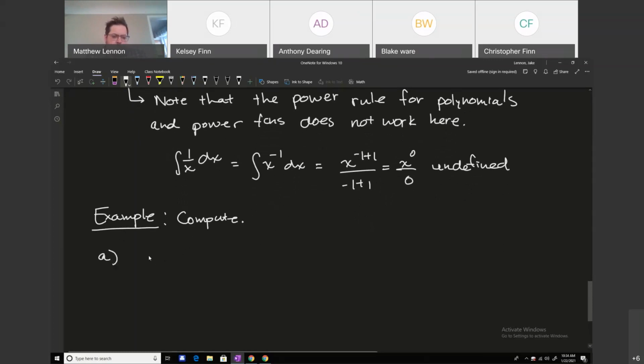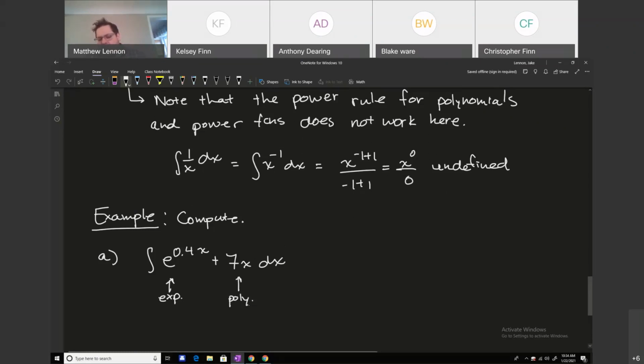So let's say we do the integral of e to the 0.4x plus 7x dx. So you do each term separately. So again, this is exponential and this is polynomial. So we're using two different rules here.